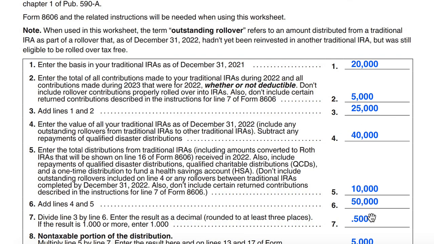For line 7, we're going to divide the $25,000 of the basis and contributions by the $50,000 that we have in our total balance plus distributions at the end of the year. So we divide that, and we get 0.500, or 50%.